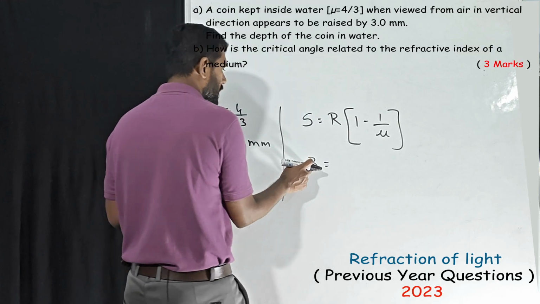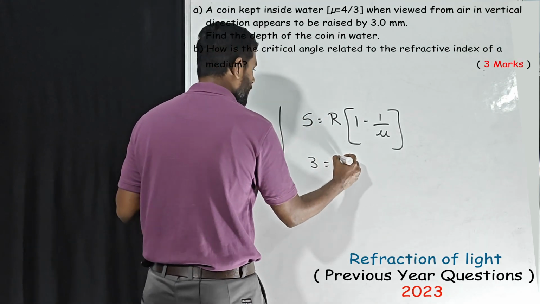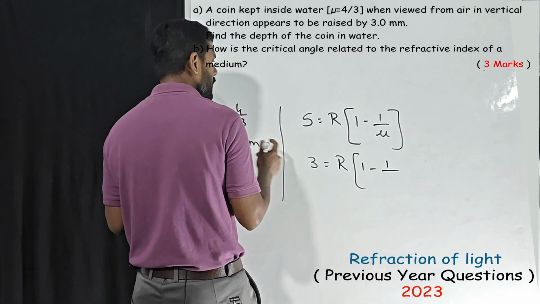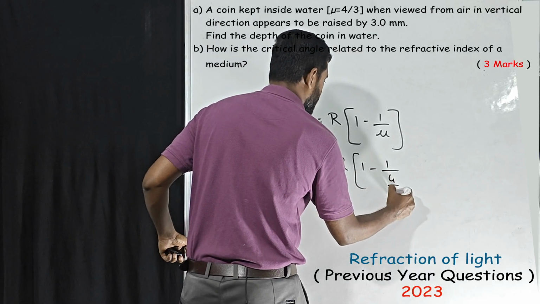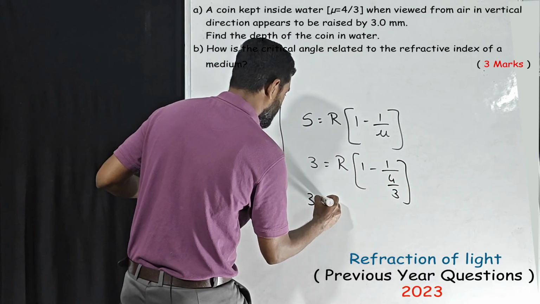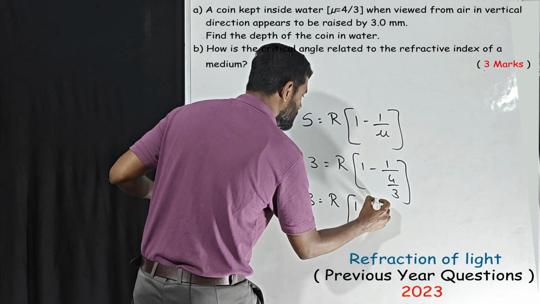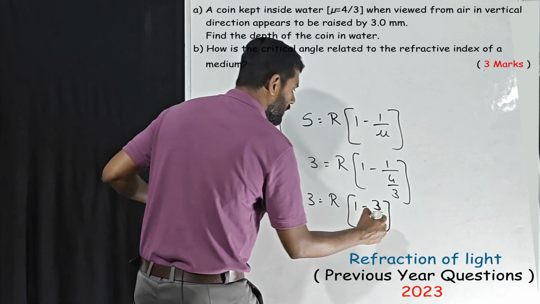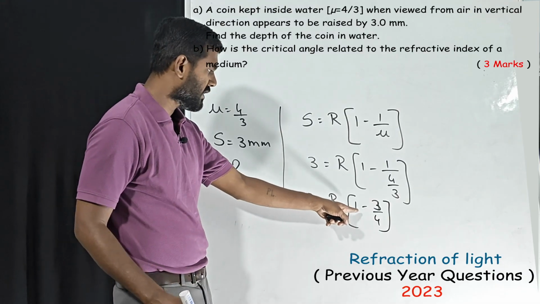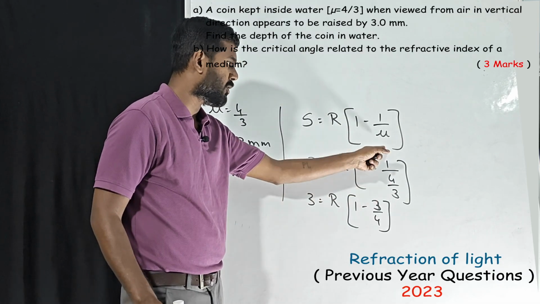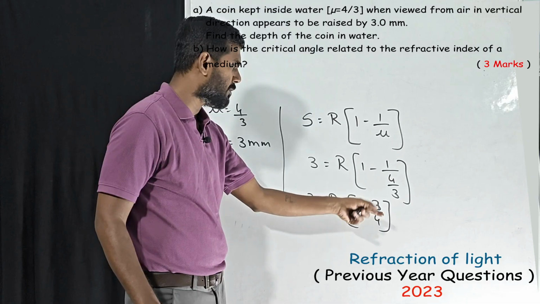Okay, now the shift is given as 3. Real depth we don't know. What is 1 minus 1 by mu? What is mu? That is 4/3. So 3 is equal to R times (1 minus, sorry, this will become 3/4). 1 minus 1 by 4/3, you have to take the reciprocal, so it becomes 1 minus 3/4.